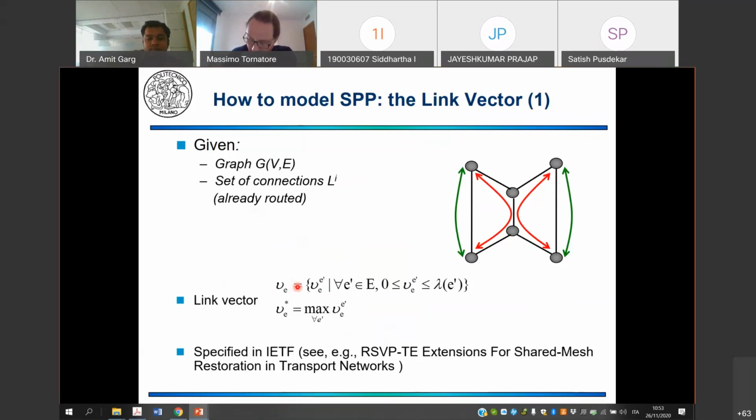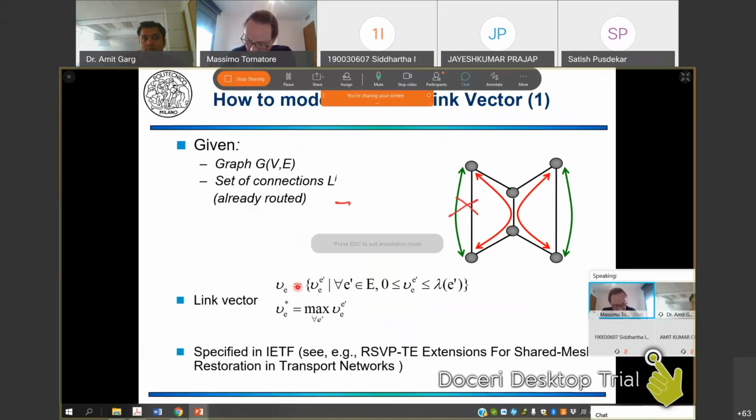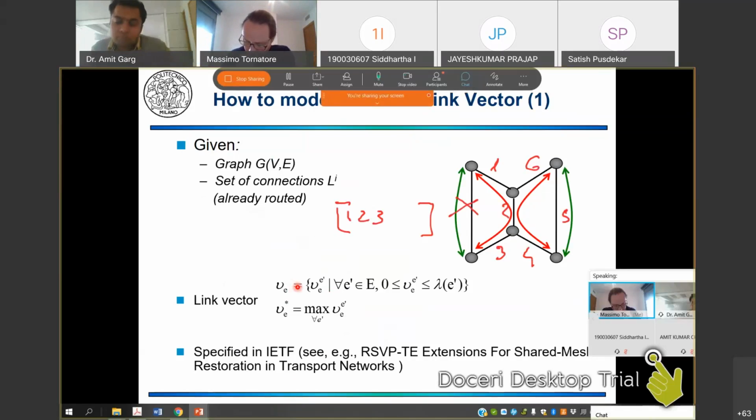So for example, the link vector of this link will have 1, 2, 3, 4, 5, 6 entries, okay? So the link vector is a vector associated to each link which has as many entries as the number of links in the network. In this case, I could even put 7, the link itself.